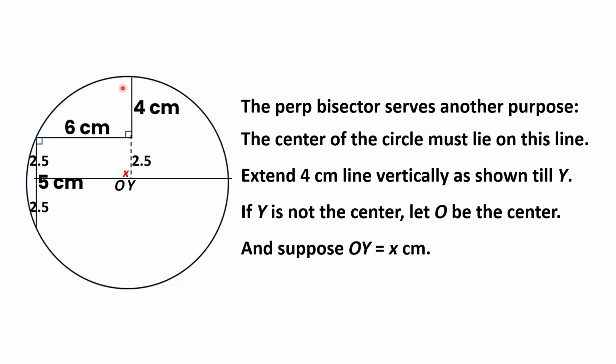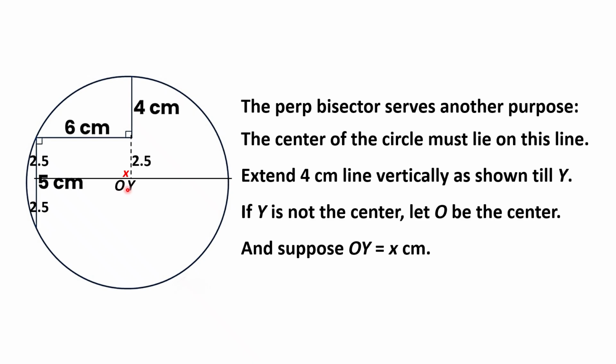Now extend this 4 centimeter line vertically, as shown by the dotted line, up till Y. Now Y may or may not be the center. If Y is not the center, let O be the center, and suppose this OY is equal to x centimeters.